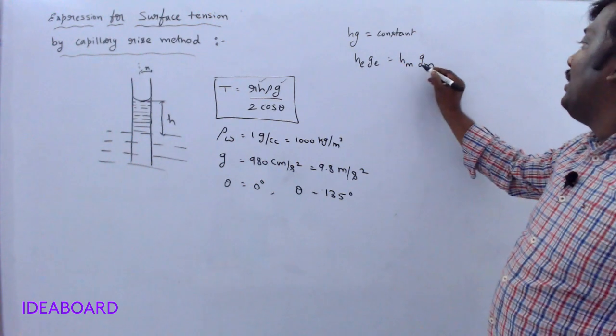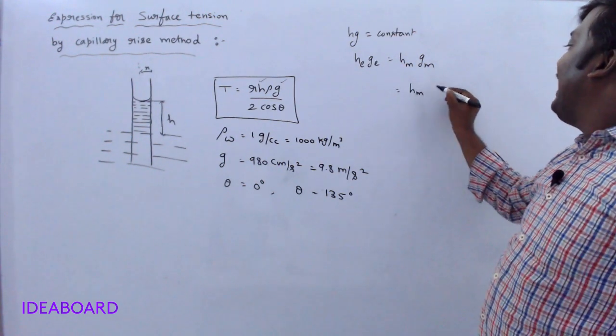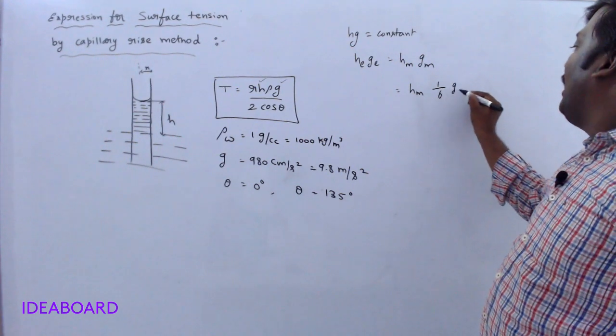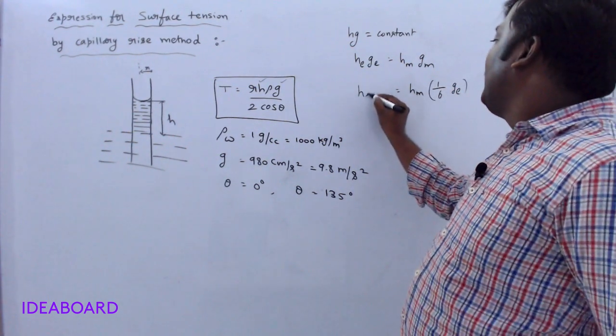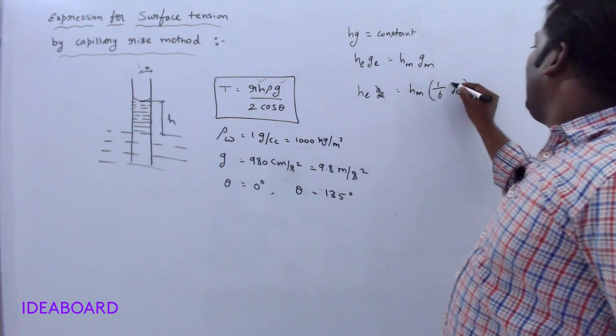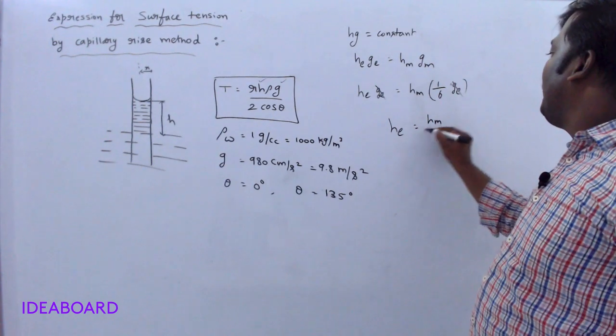The value of the acceleration due to gravity on the moon, we know, is 1 by 6 of the acceleration due to gravity on the Earth's surface. That's why g earth cancels, so h earth becomes h moon by 6.